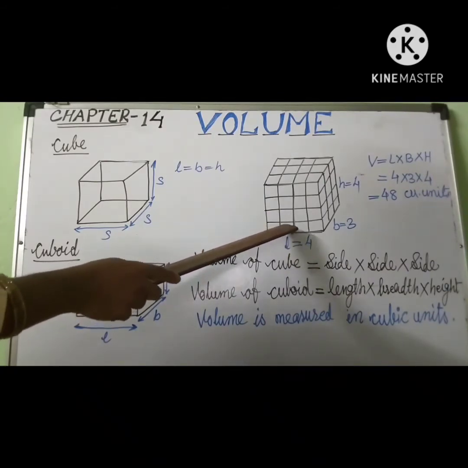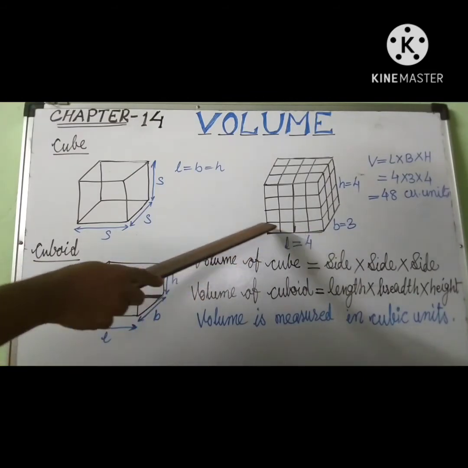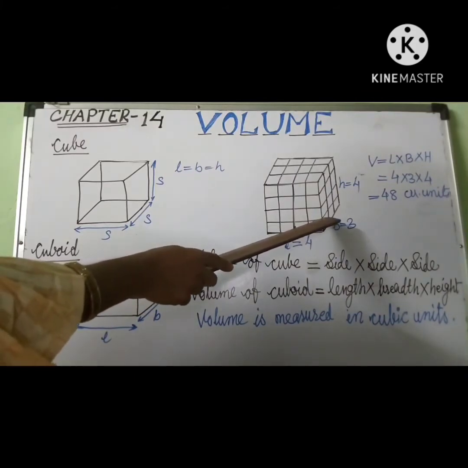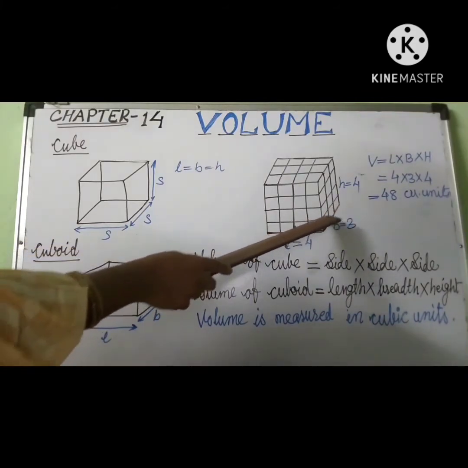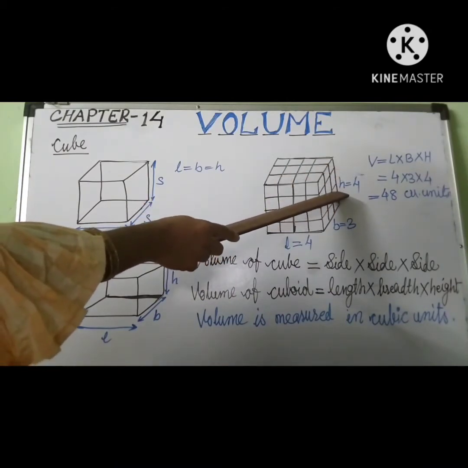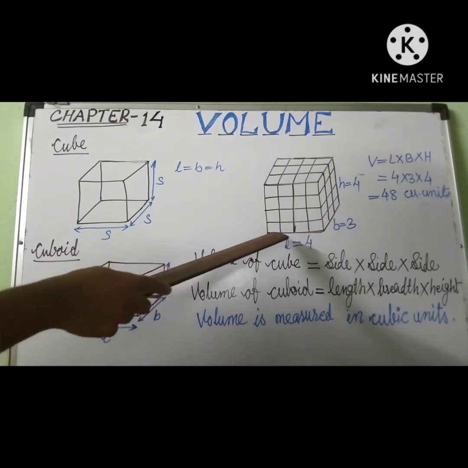This is 1 unit, this is 1, this is 1 and this is also 1. So in length we have 4 cubic units. Okay. And in breadth we have 1, 2 and 3, 3 cubic units. Okay. And in height we have 1, 2, 3, 4, 4 cubic units.